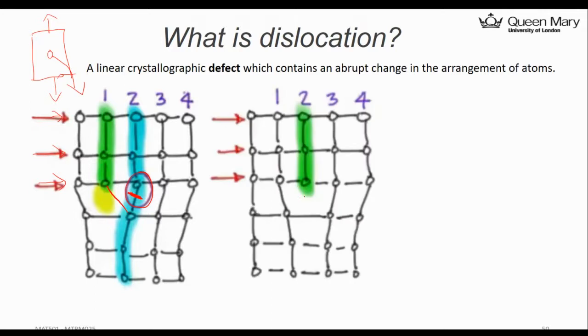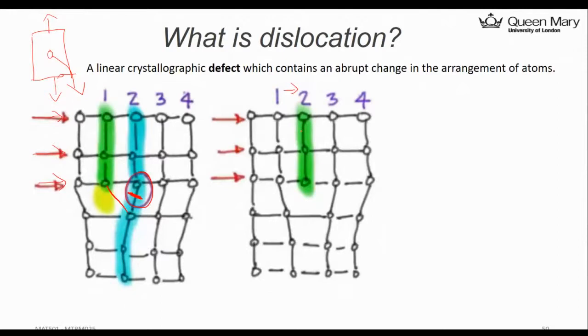So the dislocation now moves from column number 1 to number 2. You see the green region now moves to number 2. So now the dislocation is sitting at this part. If you think about these lines, you can treat them as actual atoms here, and it has moved to the number 2 column.